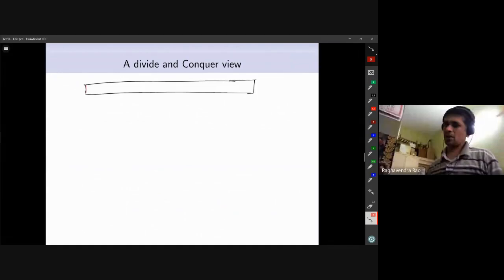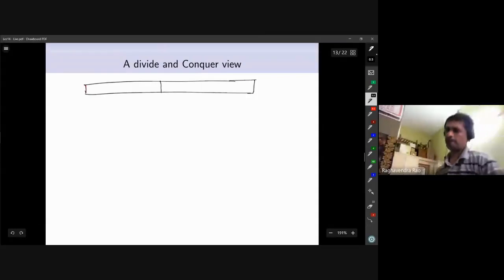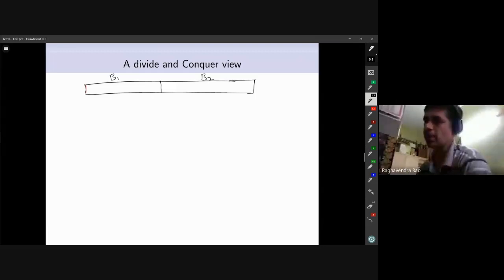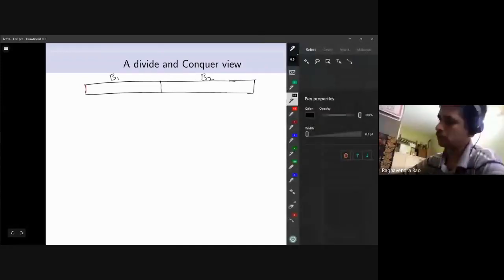So let's forget about the portions which are completely within B1, subarrays, and subarrays which are completely within B2. Now our only interest is in subarrays which are across.